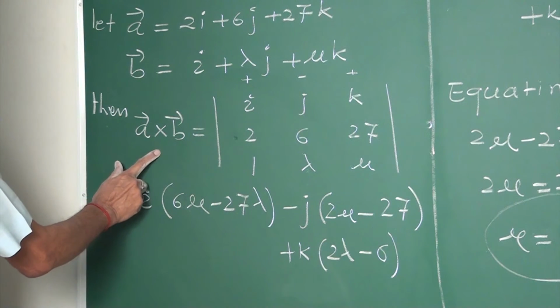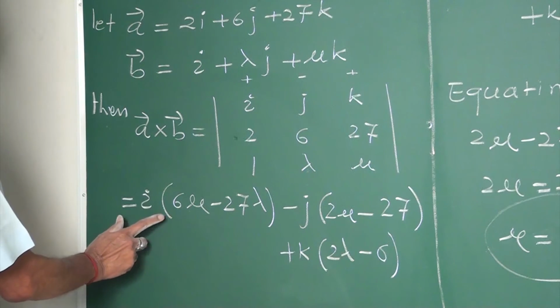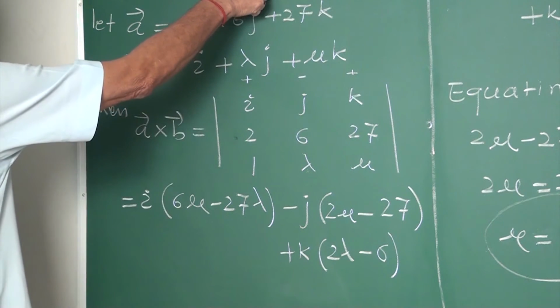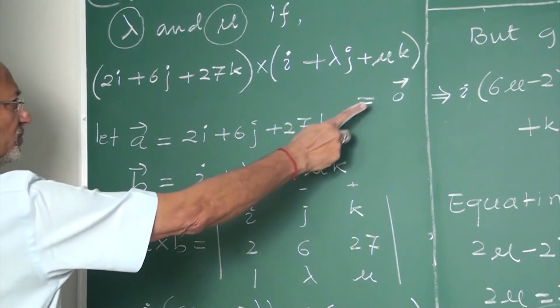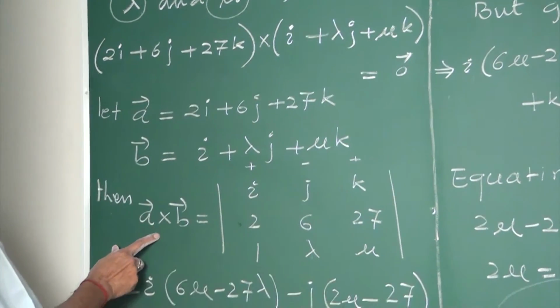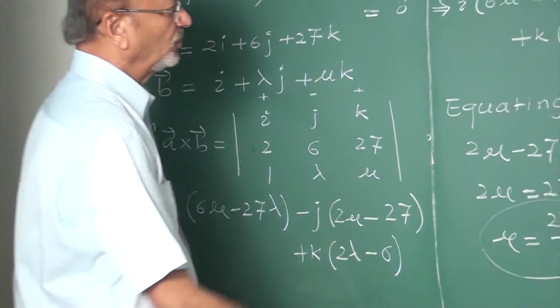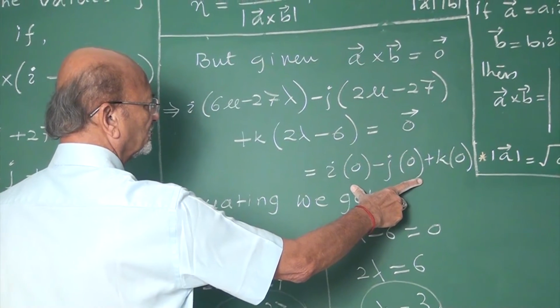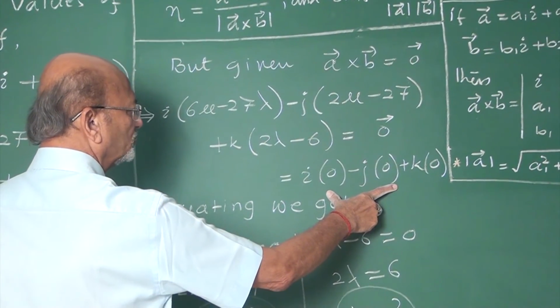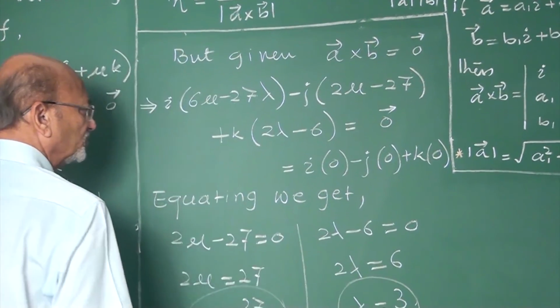What is this? A cross B. This A cross B is nothing but the value of this. But what is given? A cross B is a zero vector. A cross B is this. Therefore, this is a zero vector. This zero vector is i into 0 minus j into 0 plus k into 0.